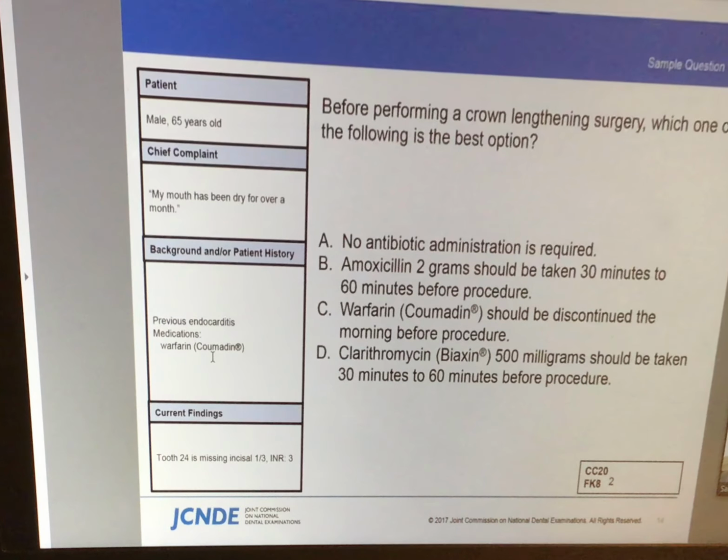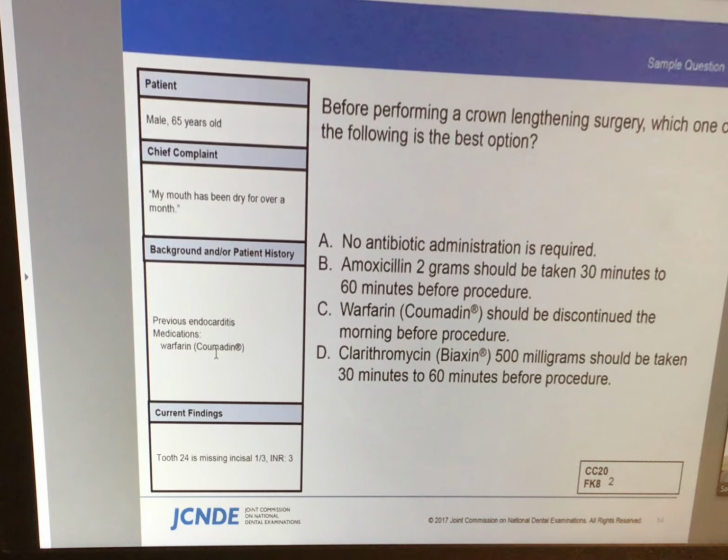Okay, what other thing would be your concern? The endocarditis. Yeah, when the patient has a history of endocarditis, we have to give the pre-med, right? And what pre-med do you think you should give this patient? Probably amoxicillin 2 grams.